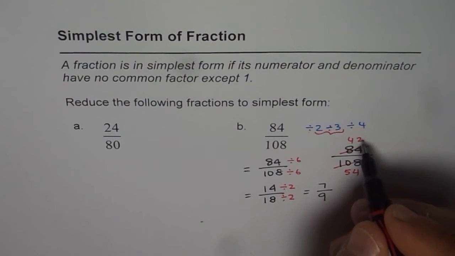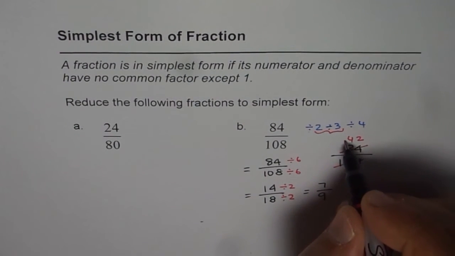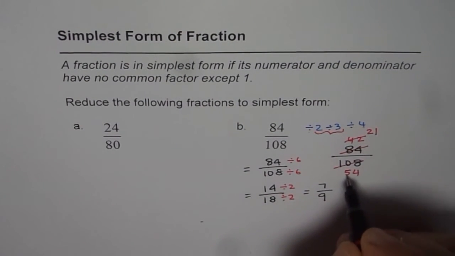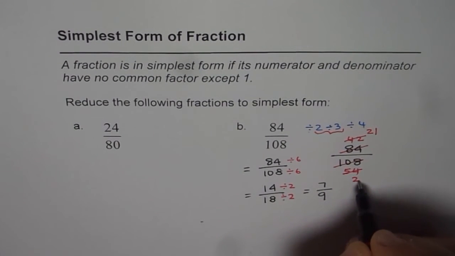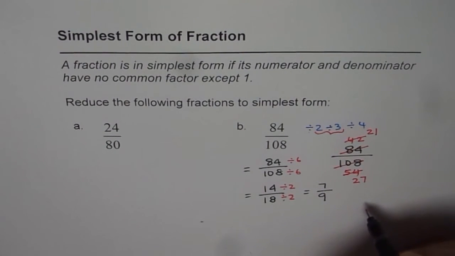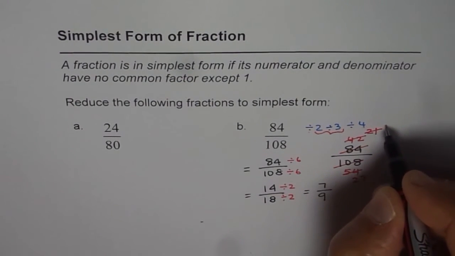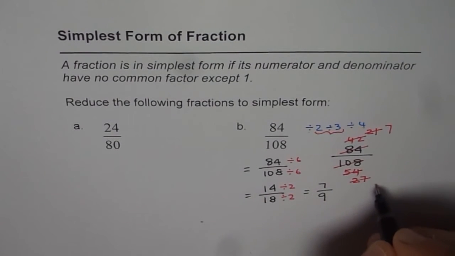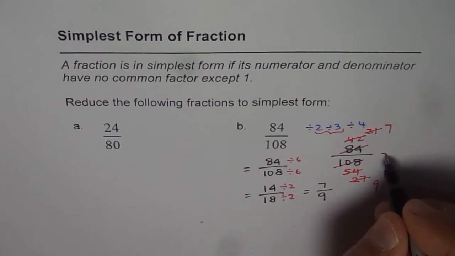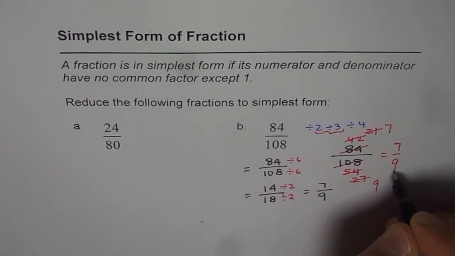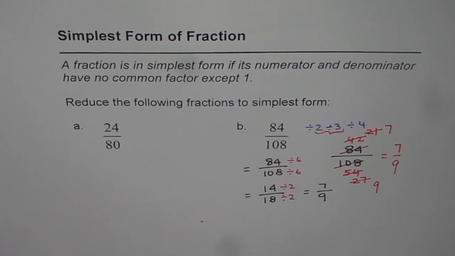Then again, both are even, we can divide further. So we can write this as 21 and this as, it goes 2 times and 7, right? Now these could be divided by 3, right? 3 times 7 and 3 times 9. What do I get? I get 7 over 9. So that is an alternate way of reducing the fractions into simplest form.